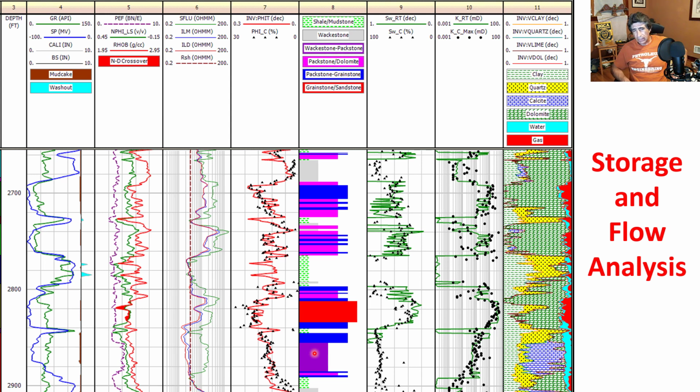When you do that, it's much more precise to recognize these classes and to understand how, when you apply a pressure gradient for primary production or for enhanced oil recovery, the fluids are going to differentially move through the rocks.